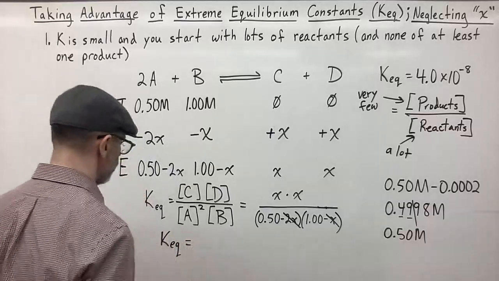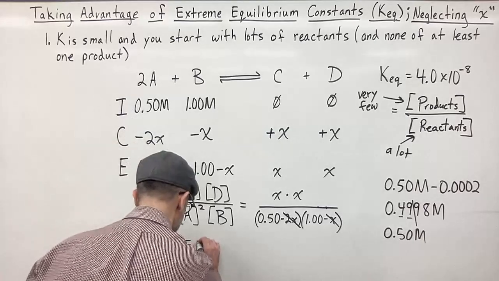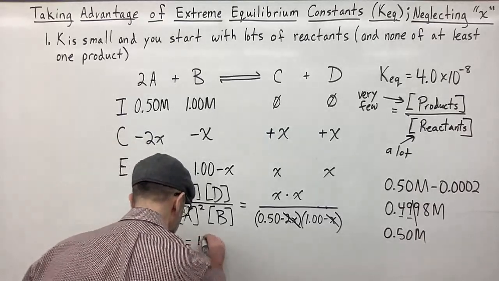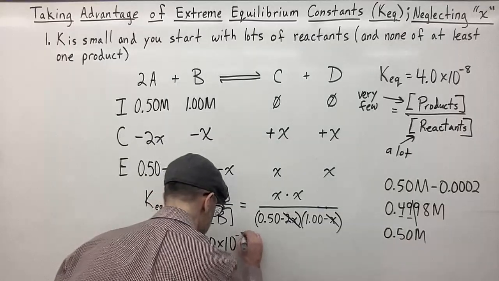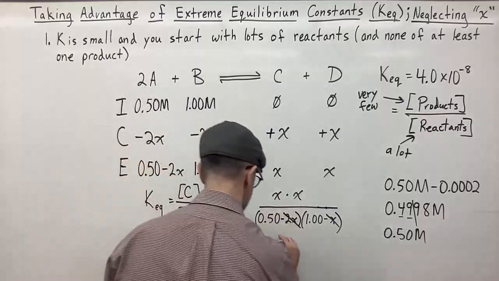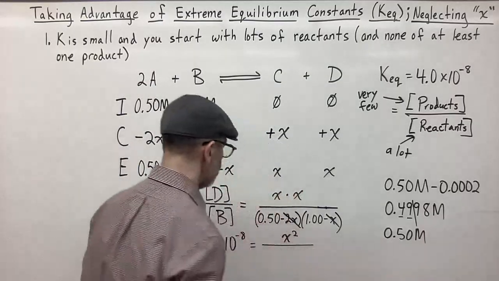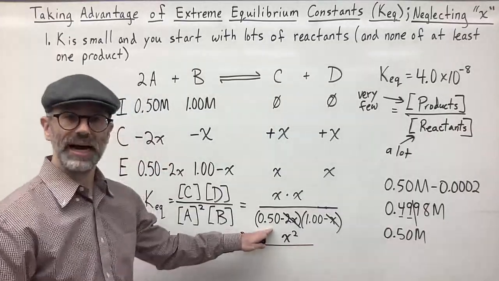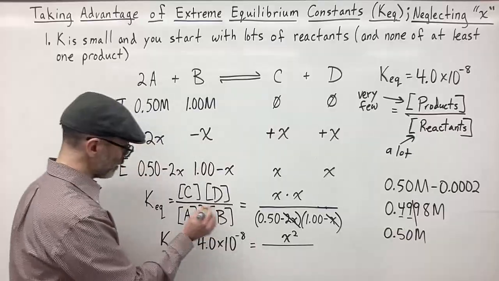which is equal to 4.0 times 10 to the negative 8. So we'll write that in: 4.0 times 10 to the negative 8 is going to be equal to x times x, which is x squared, over 0.50 times 1, or I'm sorry, I forgot one thing.